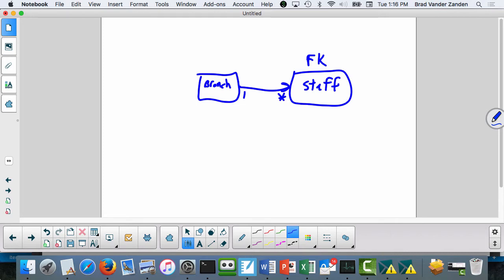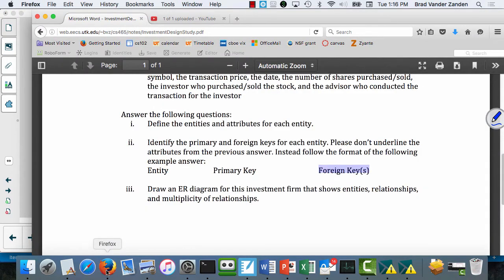So before I can answer my question about foreign keys, I'm probably going to have to do my ER diagram to figure out what the relationships are.